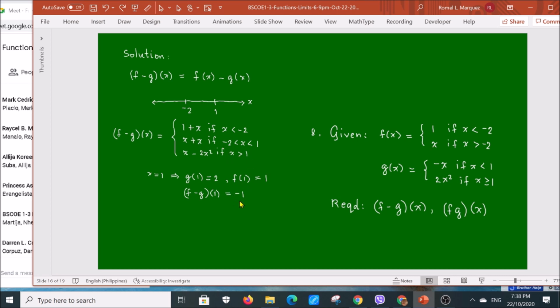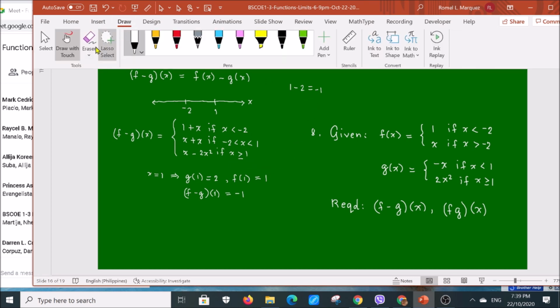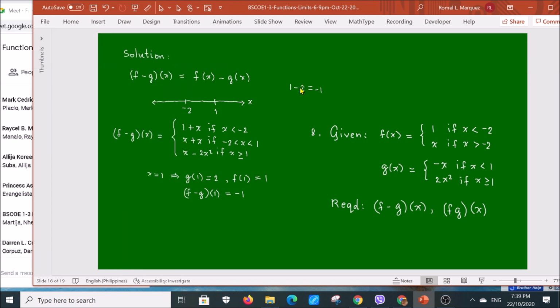So it's not negative 1. Here, 1 minus 2, do you see the arrow I'm pointing? That is negative 1. So it means it is really included here. Okay? So we are now sure that it is included in that.